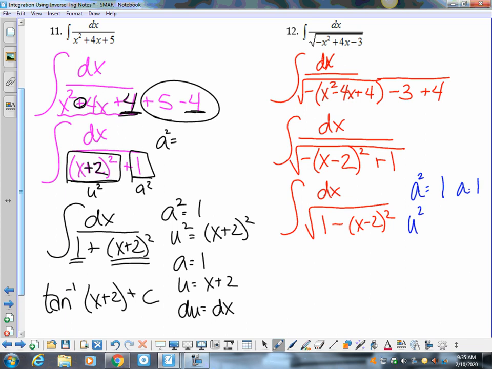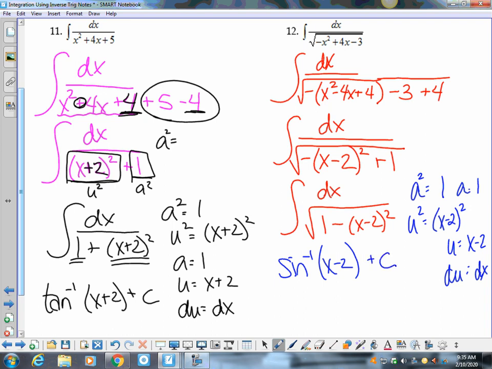Who is your U squared? So who's your U, and who is your DU? Okay, and this is a sine, correct? Sine has nothing out front. So sine inverse of U over A. Where'd you get an x squared? x minus, okay. Plus C.